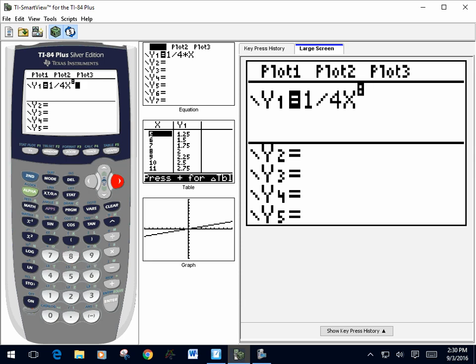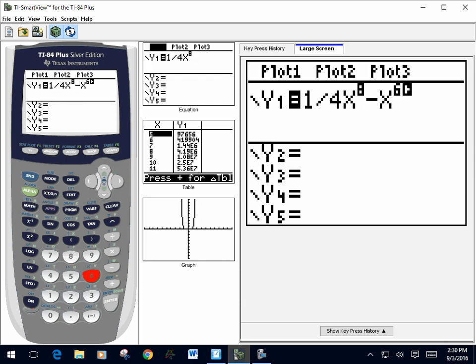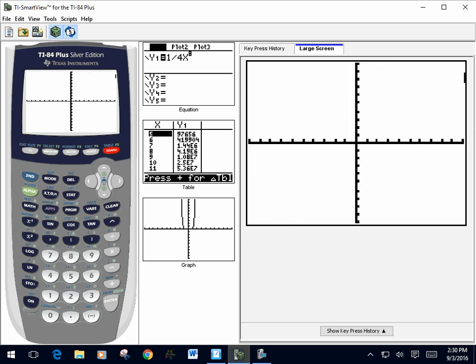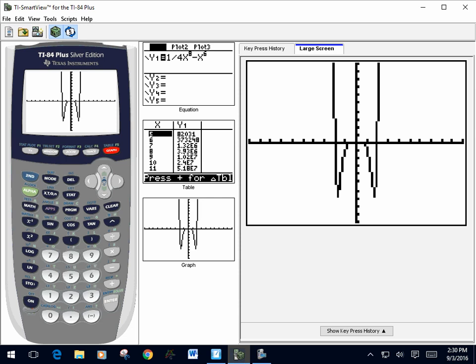And then go over to get out of the power, minus x to the 6th power. So now that we have it in, we can hit graph. And this function is kind of like a W. It's maybe hard to see on this graphing calculator screen what it's doing, but it is dipping down. It's going up and over and then down again and then back up.